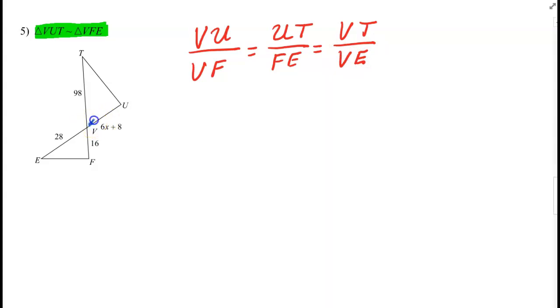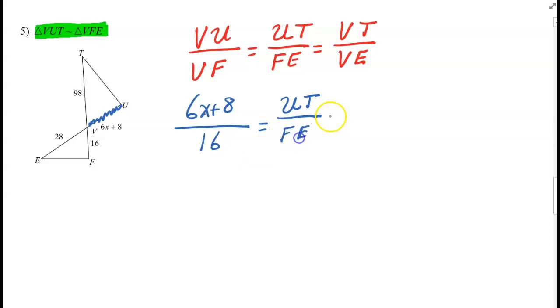Now, VU, I'm highlighting it in blue, is 6x plus 8. VF is 16. UT, I don't know, so I'll just leave that as UT. FE, I don't know, so I'll just leave that as FE.